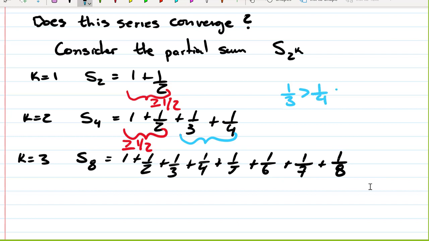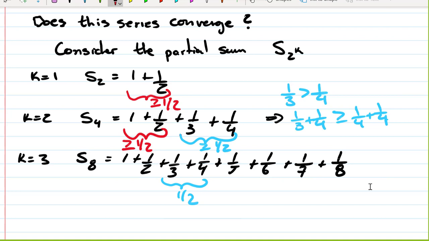So 1/3 plus 1/4 is bigger than or equal to 1/4 plus 1/4, and 1/4 plus 1/4 is 1/2. So these two are bigger than 1/2.